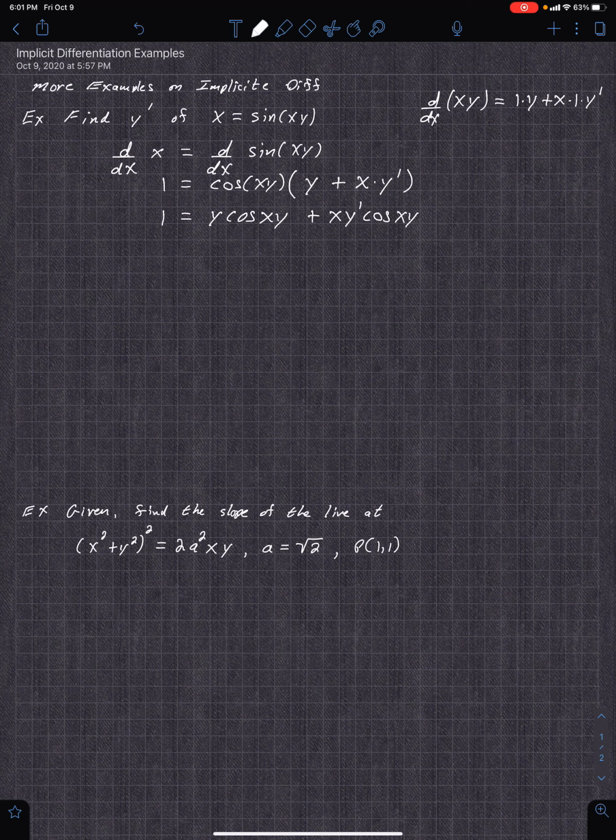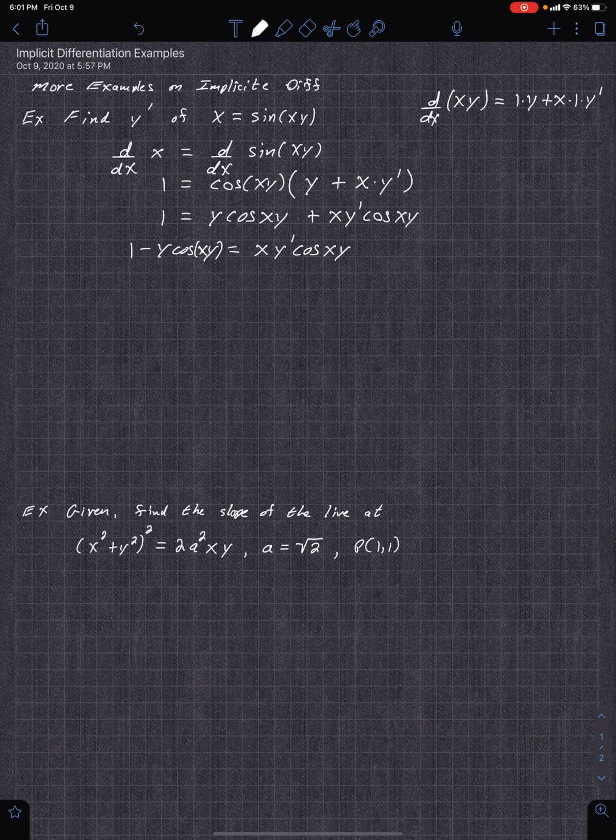Now we'll bring over the 1 minus y cosine xy, so 1 minus y cosine xy equal to x y prime cosine xy, and that's all together.